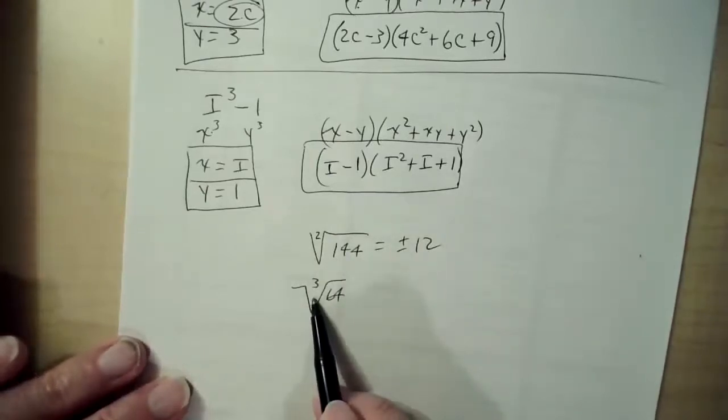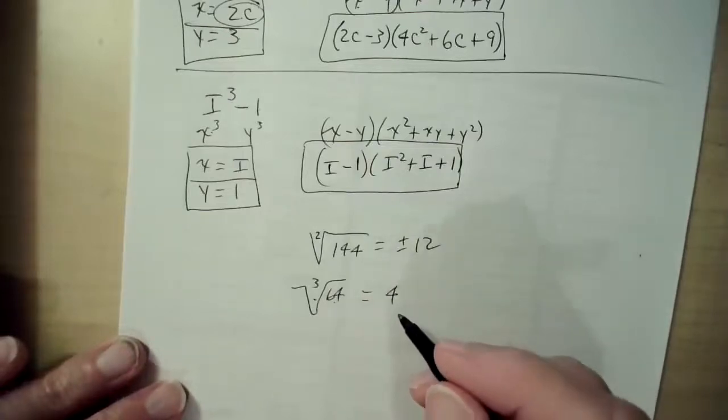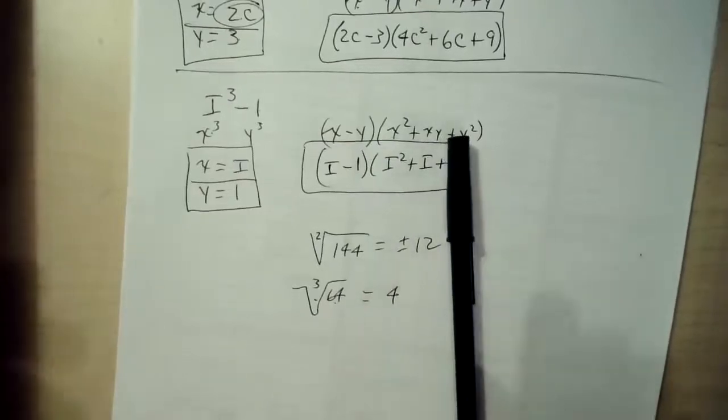Plus or minus 12. And the cube root of 64, what number times itself 3 times is 64? It's just 4, not plus or minus. That's important. But hallelujah, we have these calculators that'll do this for us.